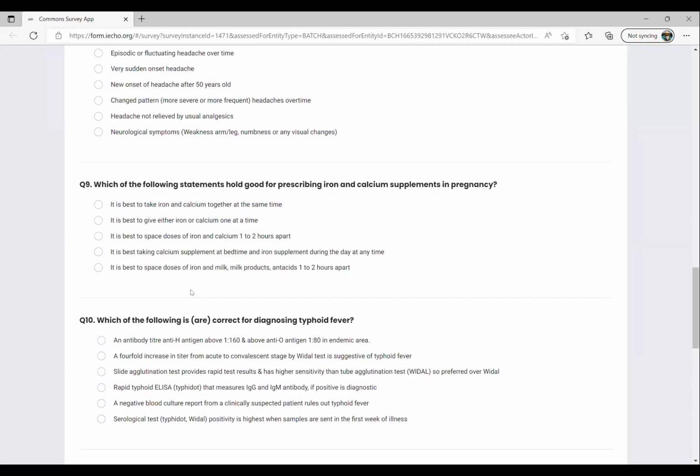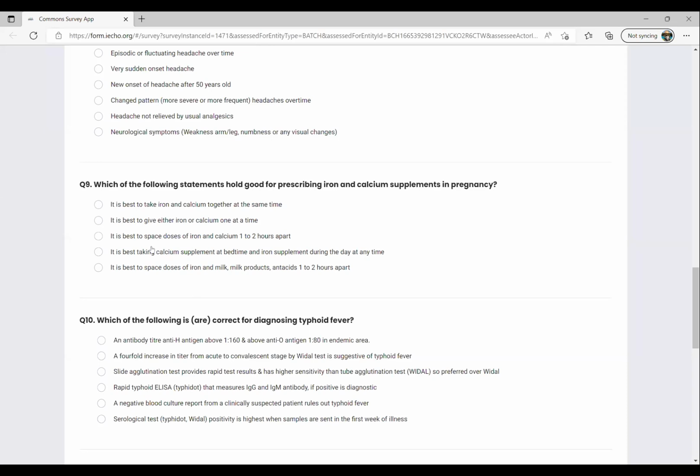And some of the people, although they respond correctly, forget that the same kind of drug interaction will happen with the milk and milk products that we take in our diet. So iron, if taken with milk or milk product, even tea for that matter, will form a chelate and will not be absorbed.